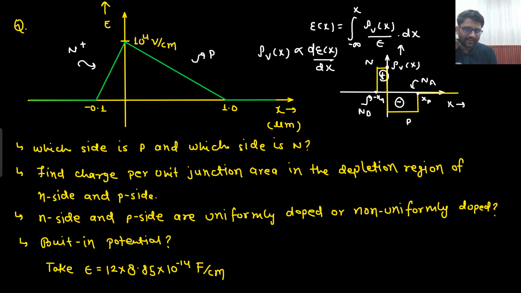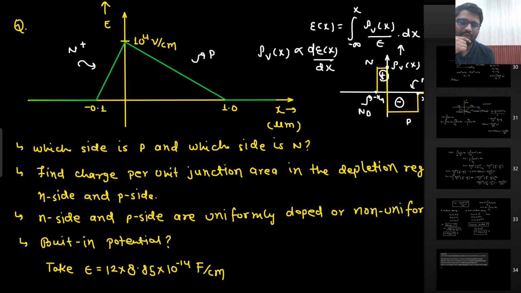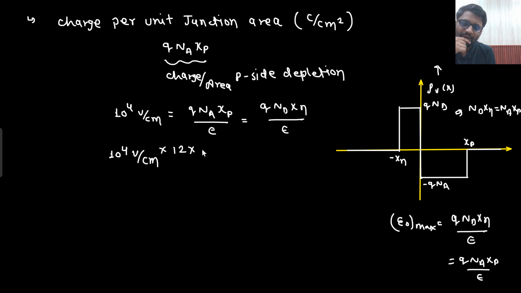What is the value of epsilon that has been given? Somewhere they would have mentioned it, that is 12 into 8.85 into 10 to the power minus 14 farad per centimeter. So what answer will I be getting?